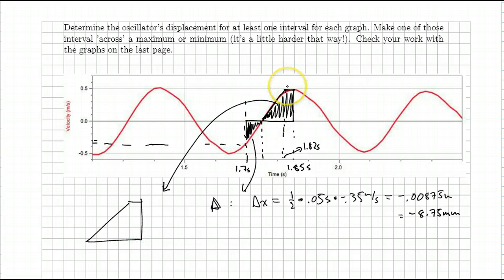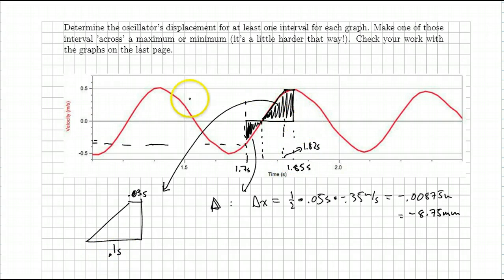If you go for a triangle, you're going to cut off quite a bit. So I think I'll be a little bit high on here, but closer than if I had cut off all that. So this part is 0.03 seconds, because it ended at 1.85, it began at 1.82. And this whole thing here goes from 1.75, so it's 0.1 seconds wide.